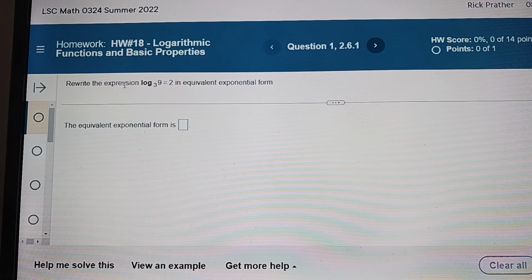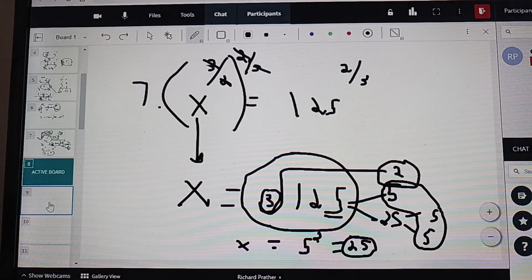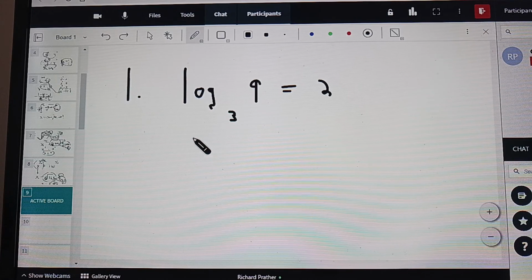So rewrite the expression log base 3 of 9 equals 2 in an equivalent exponential form. Here's how, you're not solving anything here when there's all numbers, but this is read log base 3 of 9 equals 2. There's 3 slots of a log. The low down number is called the base.